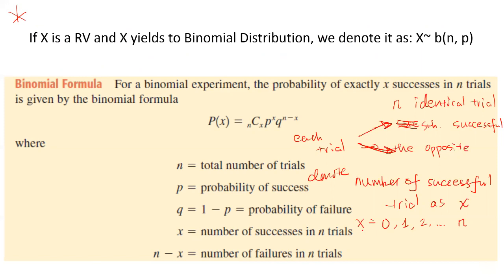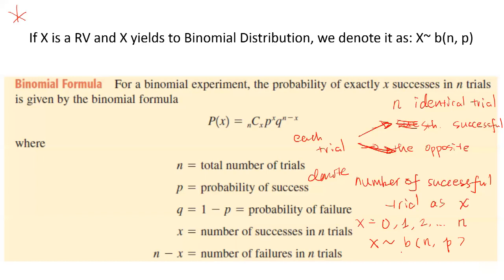So X is a random variable, because it comes from a binomial experiment. So X here is a binomial random variable. We denote it as X ~ B(n, p). The first parameter is n, which means you conducted n trials. And the second parameter is p, which means for each trial, the probability of success is p.